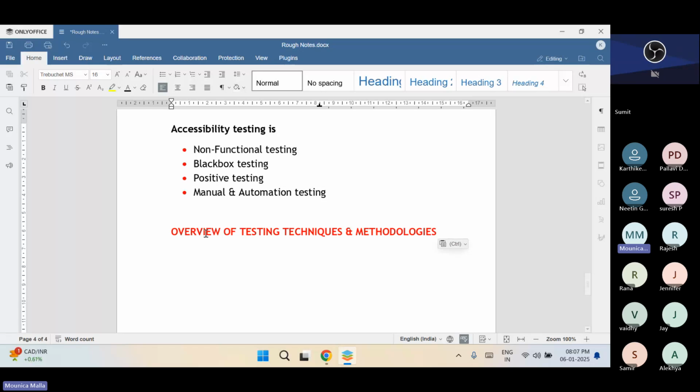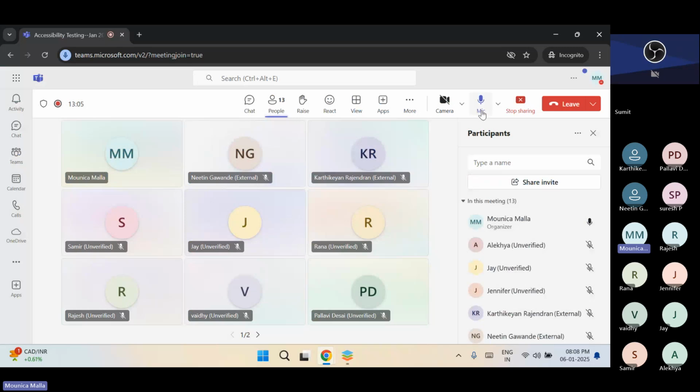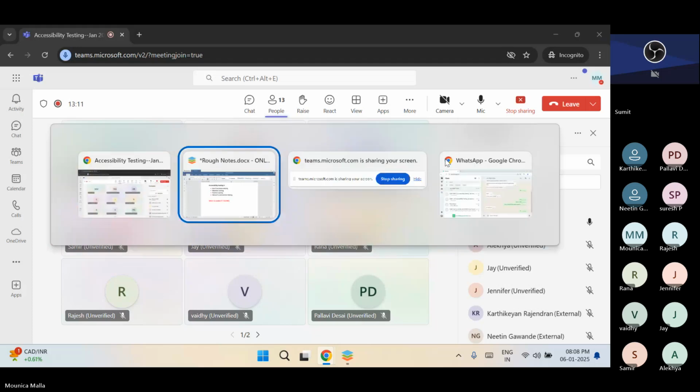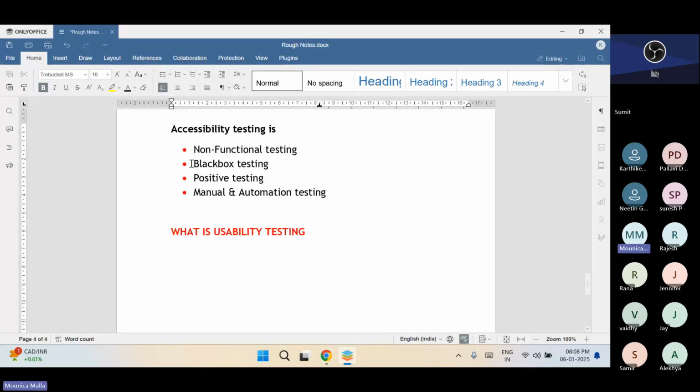And today, let's talk about what is usability testing. And of course, we'll talk about how to measure usability testing. Now, see, accessibility testing comes under usability testing.